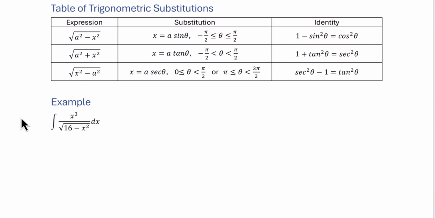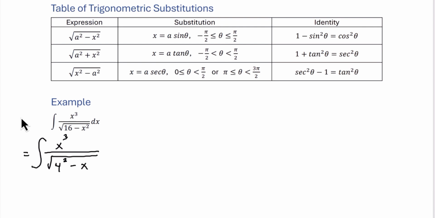Up first we have case 1. It may not be obvious right away that this is case 1, so I'm going to show an extra step. This is the integral of x cubed divided by the square root of 16 minus x squared dx. We'll replace 16 with 4 squared.